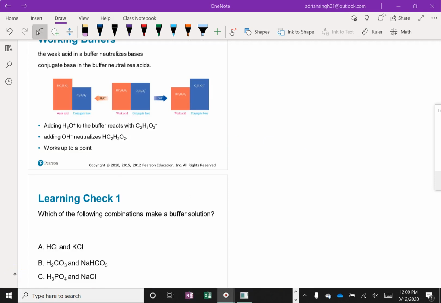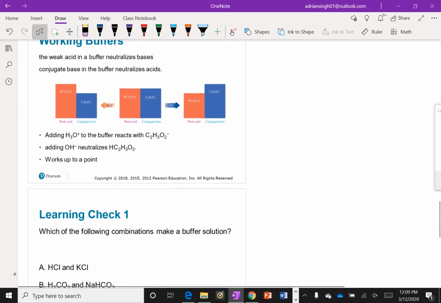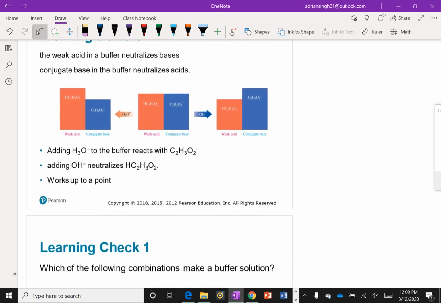So the addition of an acid to a buffer system or the addition of a base to a buffer system will change the pH of the buffer, but the change is minimized because of the components of that buffer system. It's important to note that buffers will only work up to a certain point. So if you keep flooding your buffers with a bunch of acid or a bunch of base, then eventually the buffer can be overwhelmed.